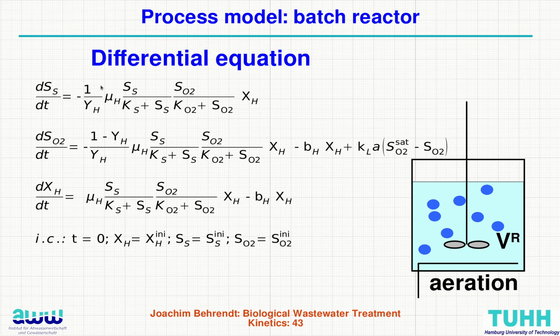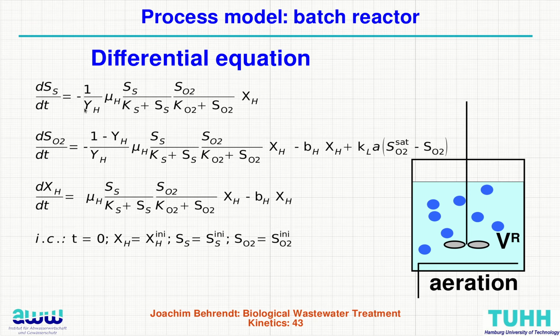And in this case, we have the Monod kinetics, double substrate Monod kinetics, the growth rate, multiplied with the biomass concentration. We can imagine if the biomass concentration is double the size, we have double the size reaction rate, if the concentrations are the same, of course.